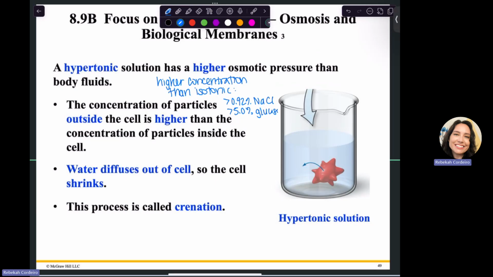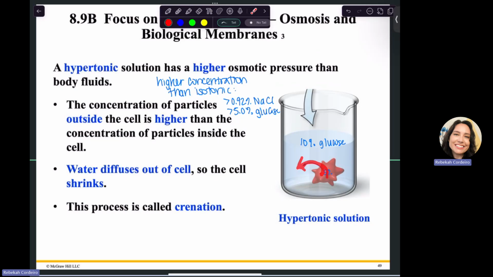So let's say this is 10% glucose on the outside and on the inside of the cell, it's 5% glucose. Well, the water inside the cell is going to go, if there's a party out there, there's a lot of glucose out there, I need to go dilute it. So the water will leave the cell.